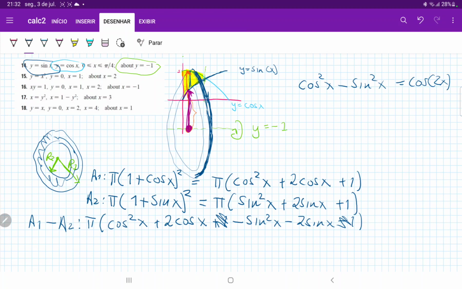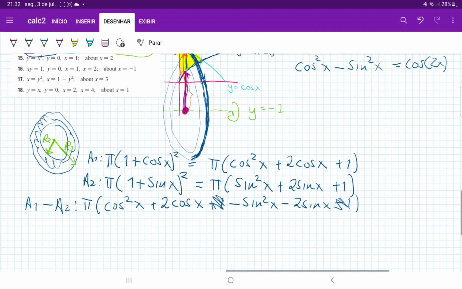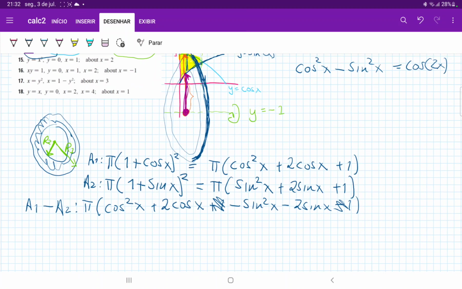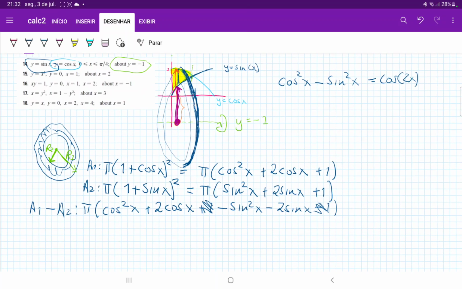And the reason that we're changing this is because when we go to integrate this, cosine of 2x is very easy to integrate. We know that, whereas cosine squared x is not easy at all. So thankfully we can substitute this for an easy double angle identity, and therefore our integral will be much easier to calculate.